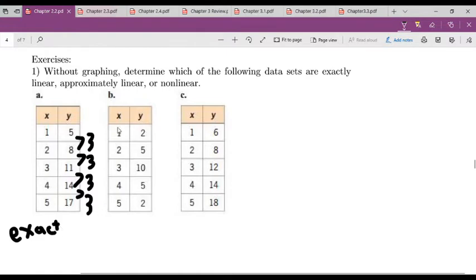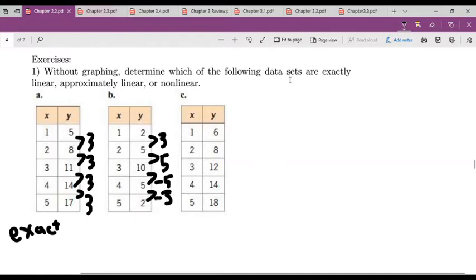Okay. B. Let's look at B. So it still goes up 1, 2, 3, 4, 5, which is good. We need it to be constant. From 2 to 5, that goes up by 3. From 5 to 10, that goes up by 5. From 10 to 5, that goes up by negative 5. And from 5 to 2, that goes up by negative 2.